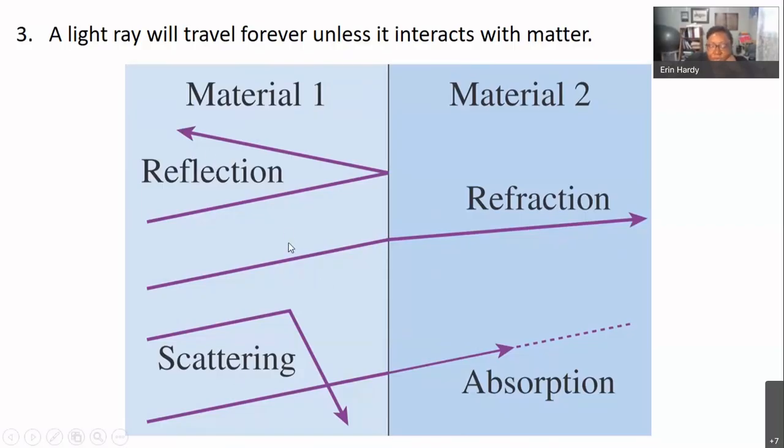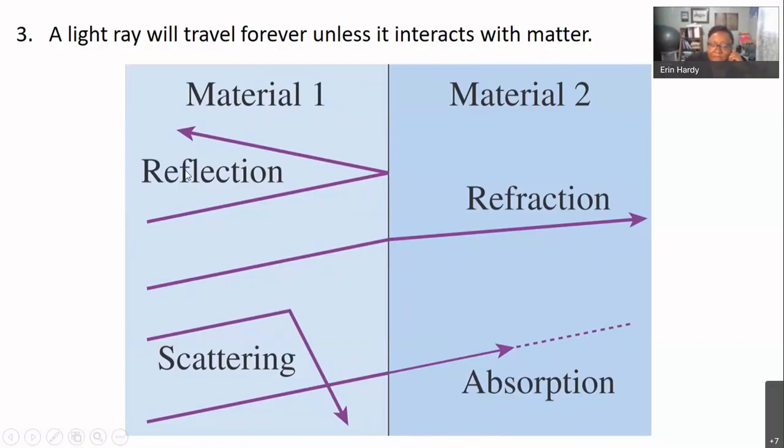And these are two really similar physical phenomena. Reflection is like the more organized version of scattering. A light ray that is working its way through material 1 but doesn't actually make it to the interface, and still changes its direction somehow, is interacting with the particles that exist in material 1.